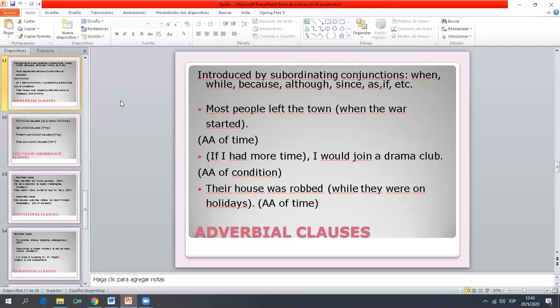The second example, if I had more time, I would join a drama club. And if I had more time, in this particular example, is an adverbial adjunct of condition. Be careful, remember if was also used to introduce noun clauses.